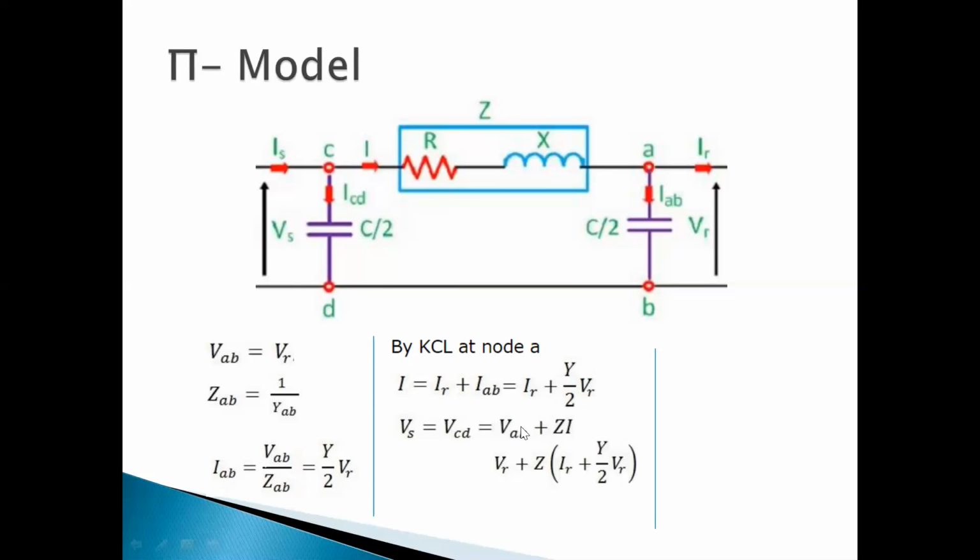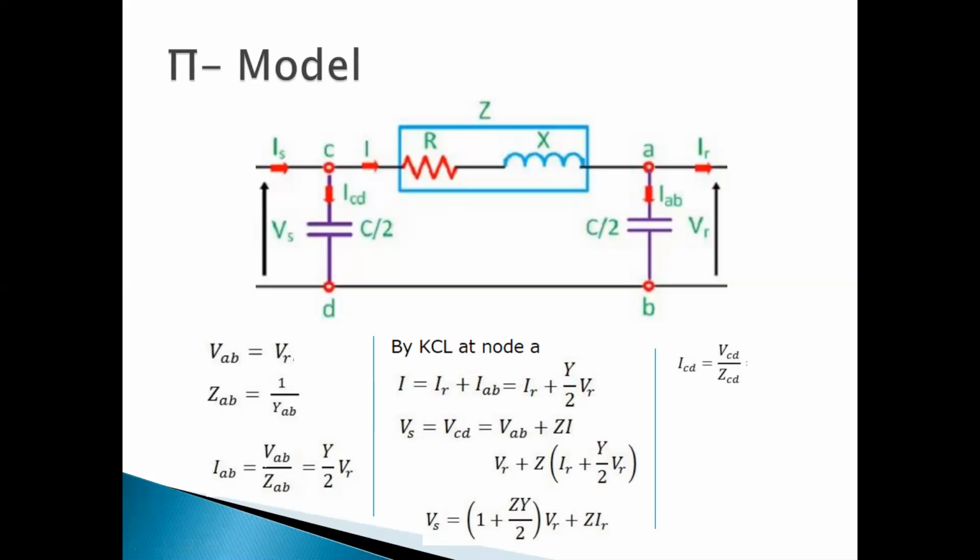VAB is equal to the receiving end voltage, so I replace VAB with VR and write the value of I which I found. I put this in the equation and got Vs is equal to (1 plus ZY divided by 2) into VR plus ZI. I got the first equation.